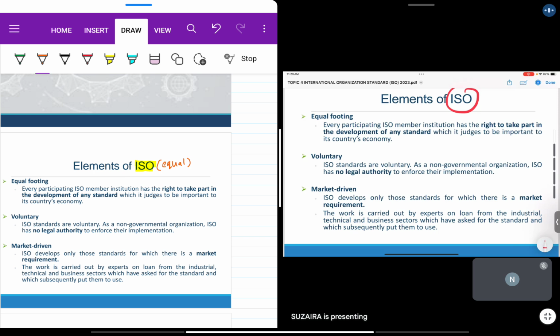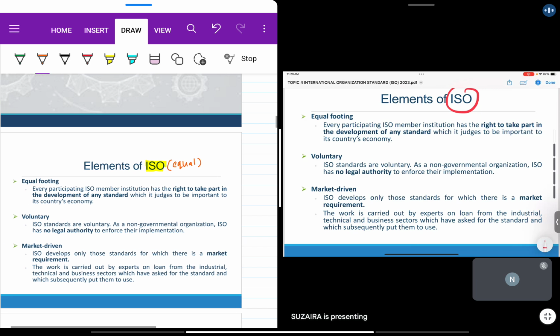There will be some standard about cereals and dairy products. Or maybe you talk about food packaging. Any terms or specs that involve food packaging will be written in the standard. So that's why we have different Malaysian standards. It depends on the different kinds of areas that we have.